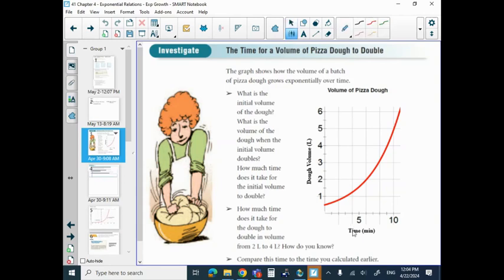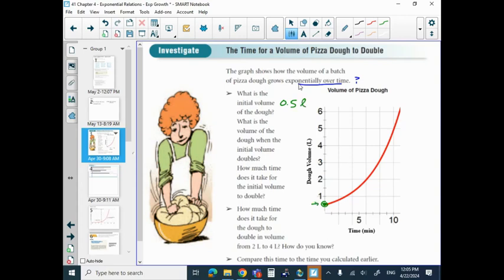Okay, so this graph shows the volume of a batch of pizza dough that's growing exponentially over time. And so what does that mean, I suppose, right? Just looking at the graph, what was the initial volume? You can easily identify the initial volume as 0.5 liters.